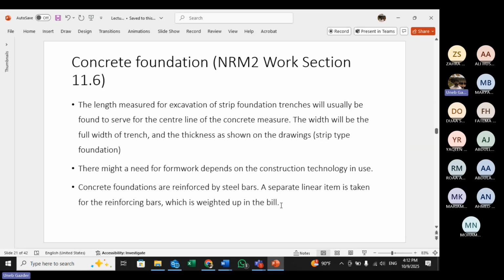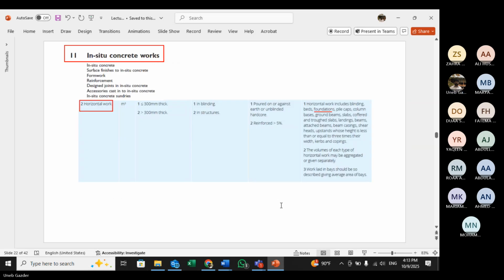For concrete foundation, there could be 3 items in your bill of quantities: one for concrete, one for steel, one for formwork. And this depends upon what type of foundation you are giving, and what type of method you are using for the construction.